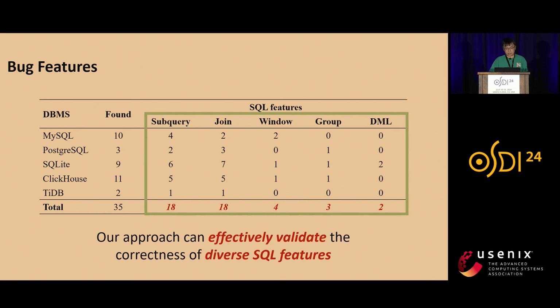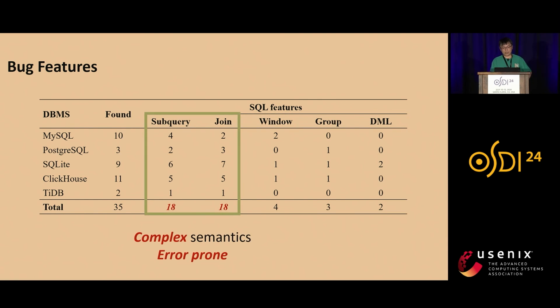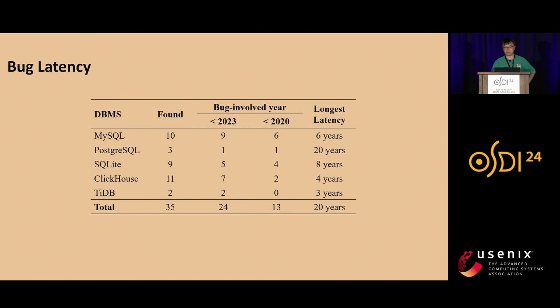And it demonstrates that our approach can effectively validate the correctness of these diverse SQL features. And we also found that most of the bugs are related to subquery and join because these two features can involve complex semantics, and it is very difficult for developers to implement these correctly, so they tend to be error-prone.